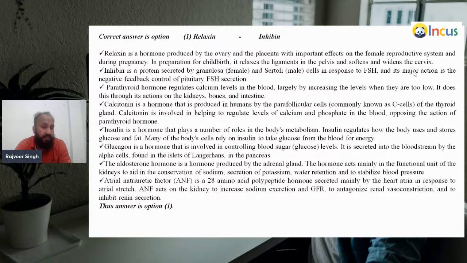Lastly, ANF, atrial natriuretic factor, is a 28 amino acid polypeptide hormone secreted mainly by the heart atria in response to atrial stretch. ANF acts on the kidney to increase sodium excretion and GFR, to antagonize renal vasoconstriction, and to inhibit renin secretion. Answer will be first.